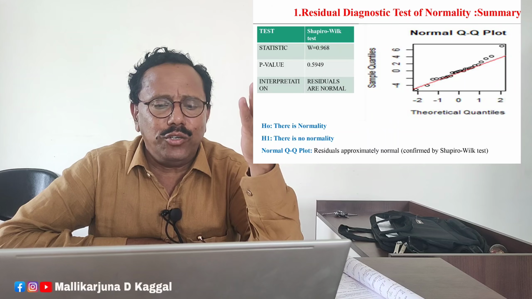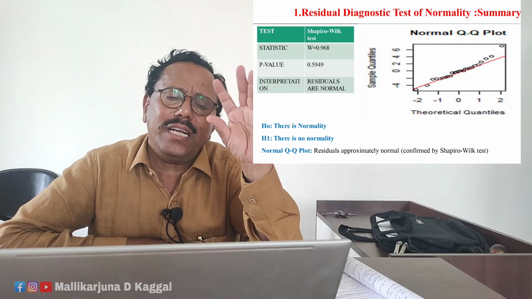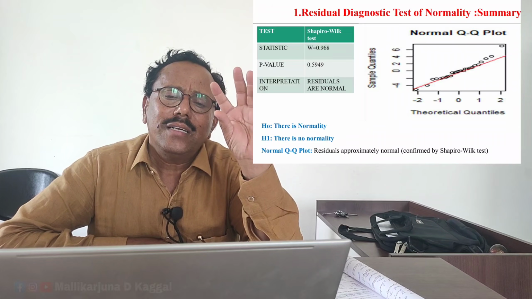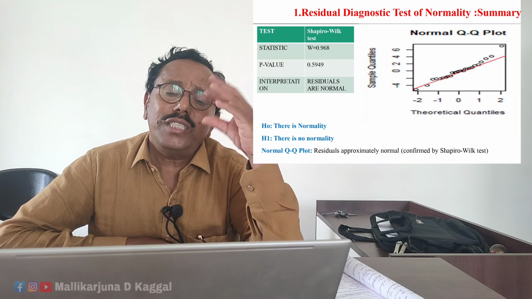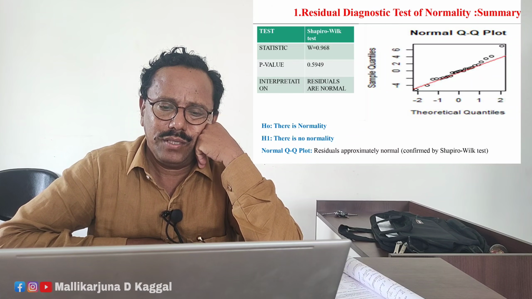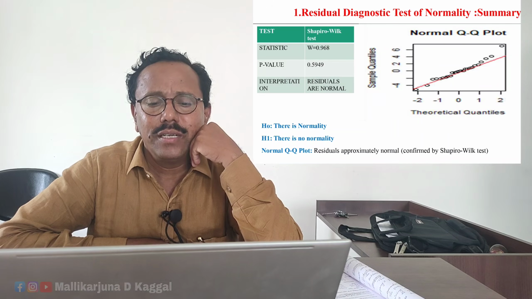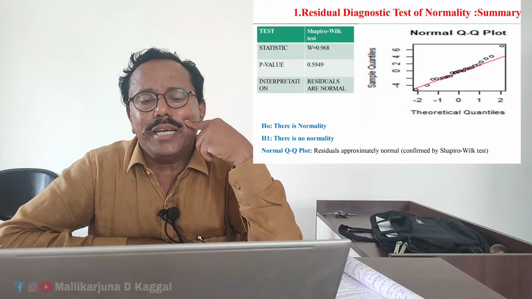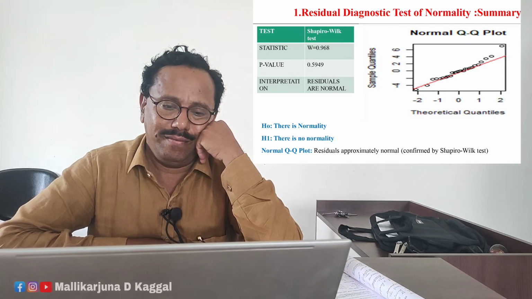Other tests I told you about: multicollinearity, for determining which independent variable is considered for regression, called VIF. And one more test I told you in the beginning is linearity.